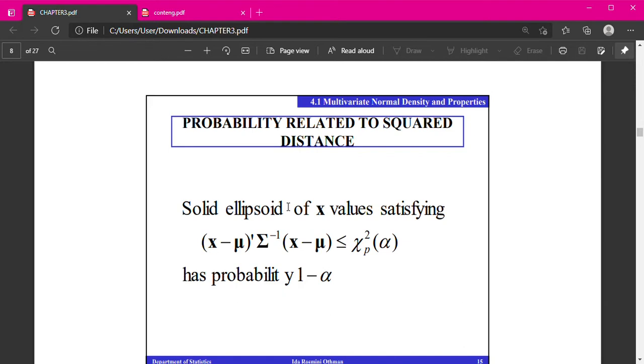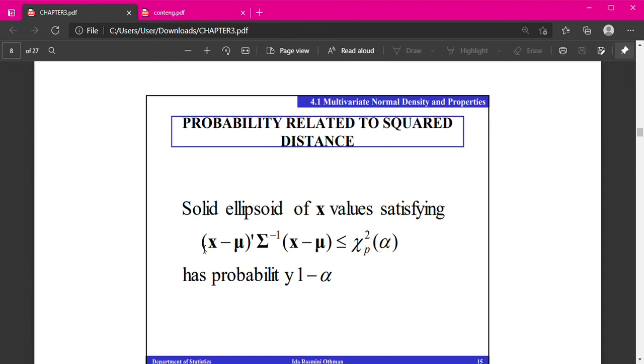And then actually the surface of the ellipsoid, which is the first one tadi kan, x minus mu divide dengan sigma square, itu adalah z square, which is the kalau you still remember the theorem from your subject of mathematical statistic, kan, yang you hafal all the theorems.